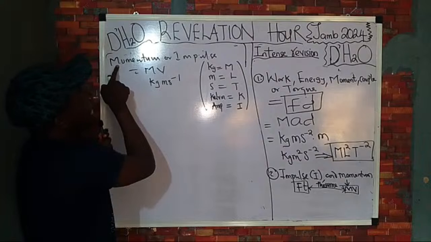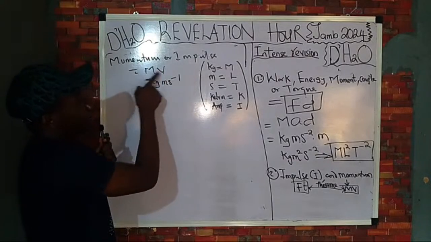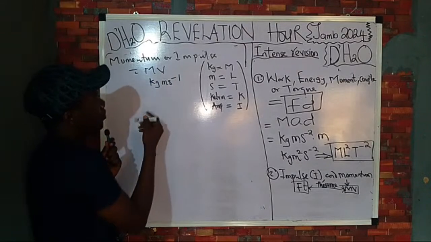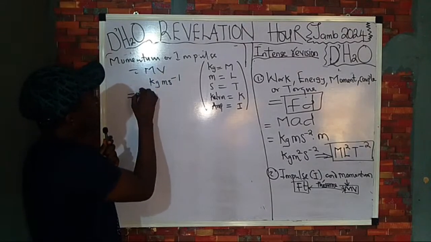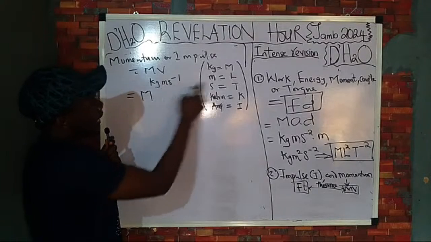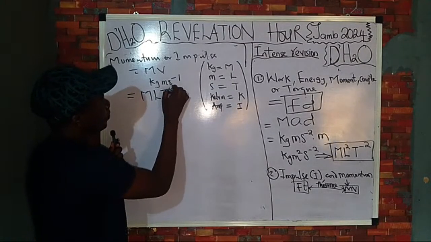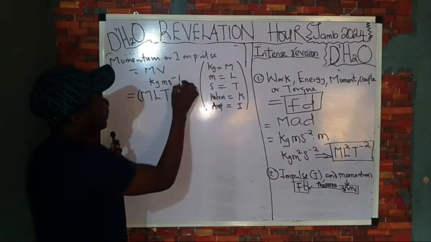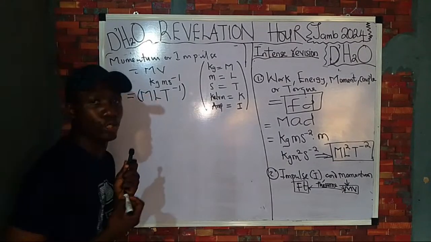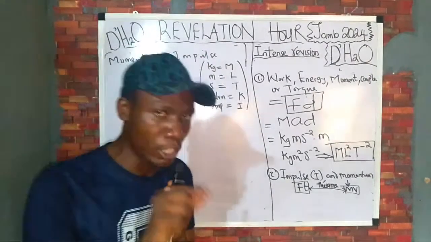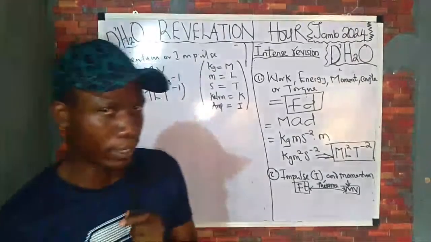Now, if I know that momentum and impulse is mass times velocity, then mass is kilogram, velocity is meter per second. I can simply say kilogram is M, meter is L, seconds is T. So you have T raised to the power of -1. Are we together? So if they ask you in your JAMB which of these units has the same dimension as impulse, the answer is momentum.